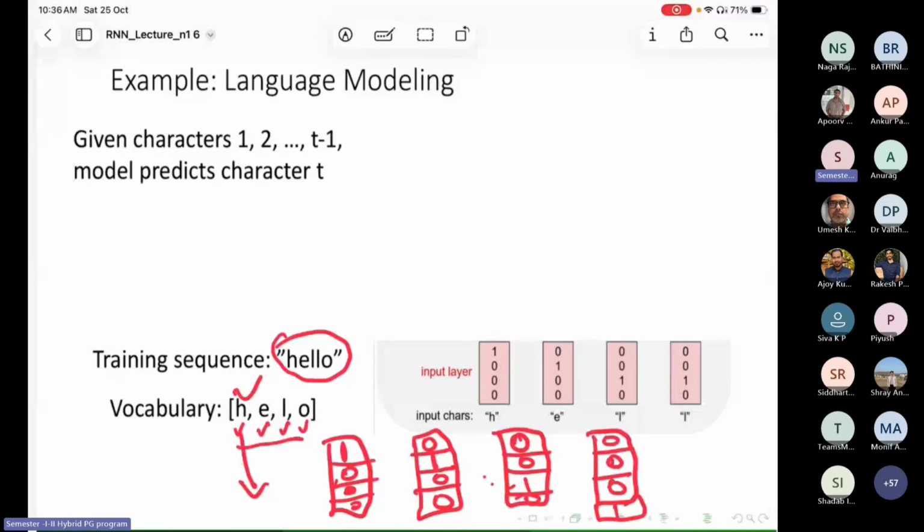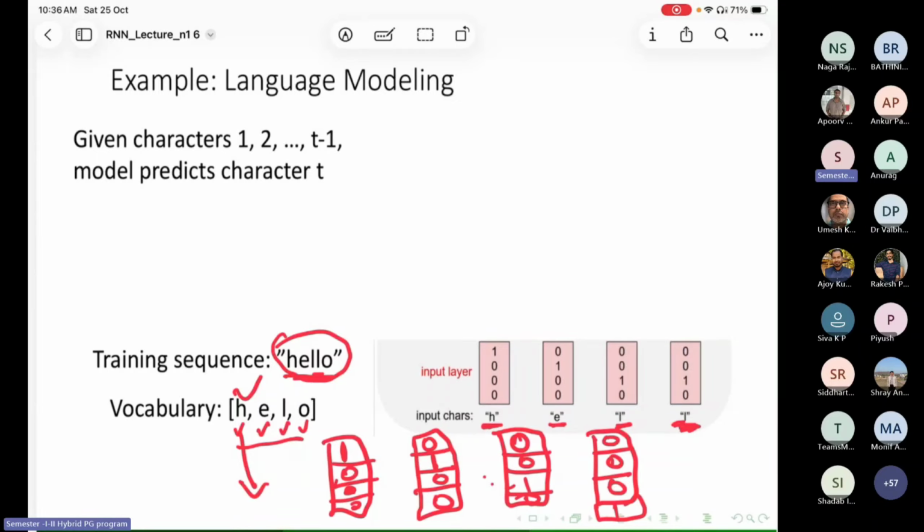Since I have this hello, every time I have to predict the next character. So first I'll be having H, then E, then L, and then L. After that, I cannot go with O because after O there is no character, and the goal is to predict the next character. So this last L will predict the O, and our job is done.